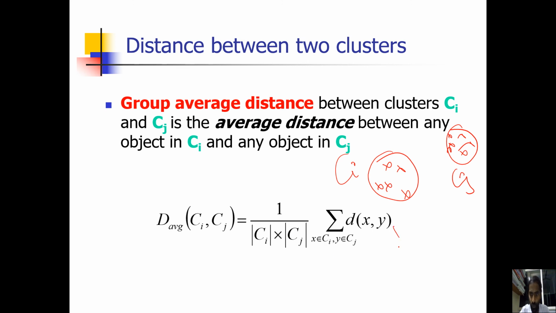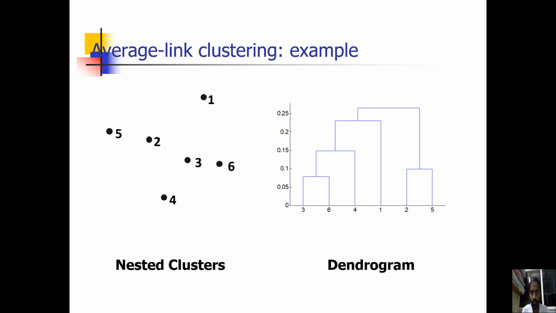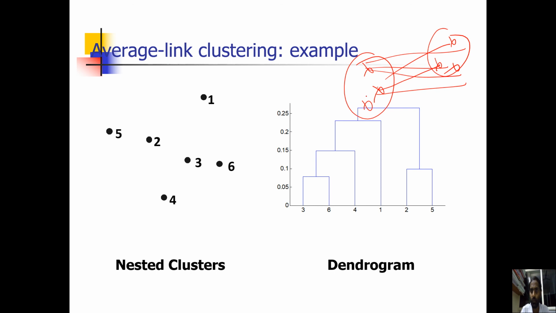For example, with 5 points in Ci and 5 points in Cj, take one point from Ci to all the points in Cj, then the next point from Ci to all the points in Cj, and likewise find the group average distance. This is average link, or group average clustering.